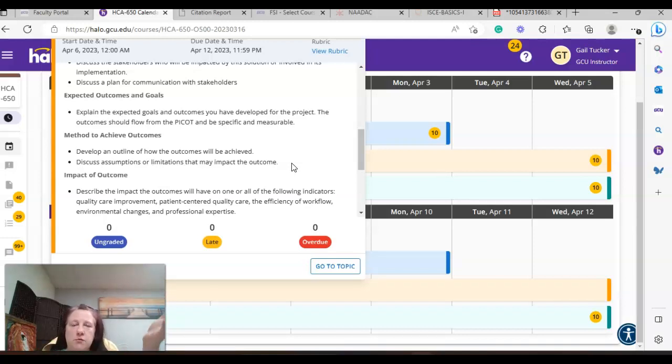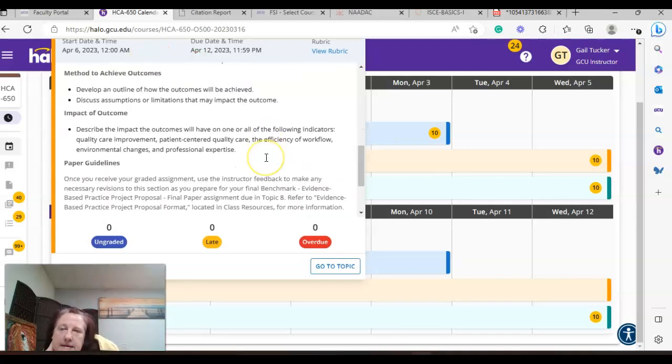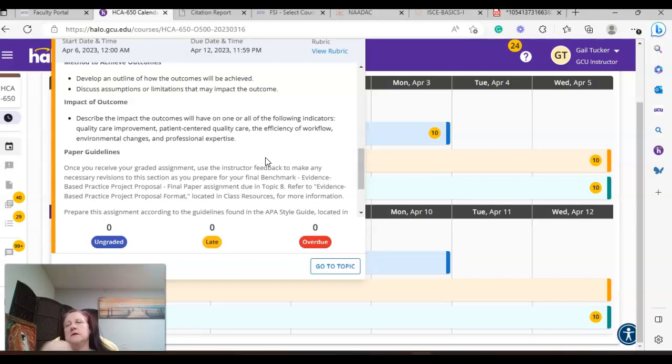How am I going to increase patient education? How am I going to increase staff satisfaction? So you'll put in an outline form under those exactly how you're going to do it. And those don't need to be cited either. This is part of your project. That's your ideas, okay?